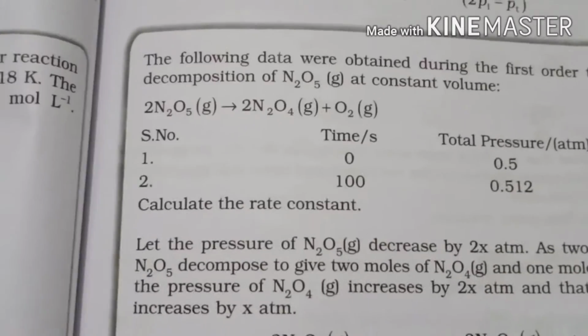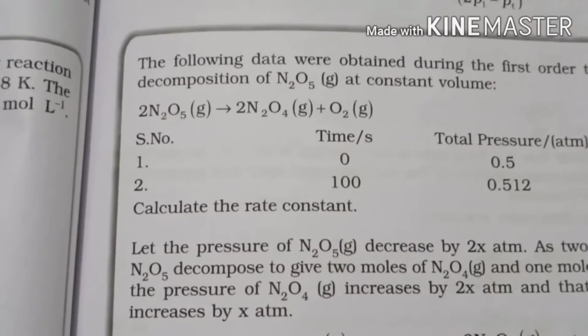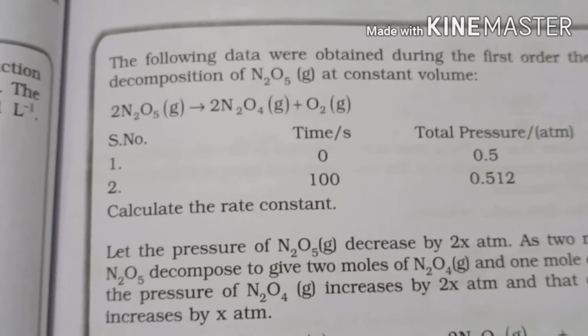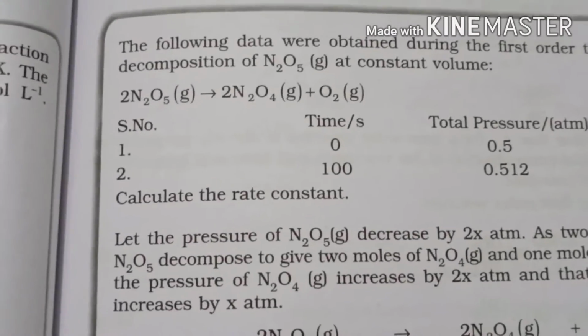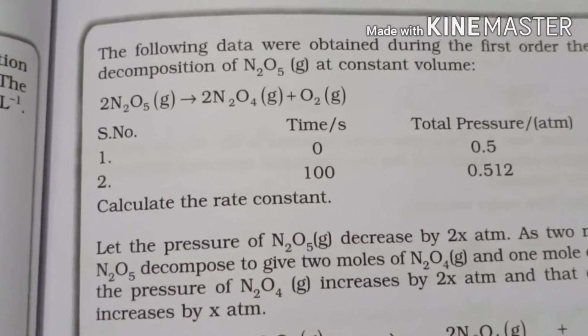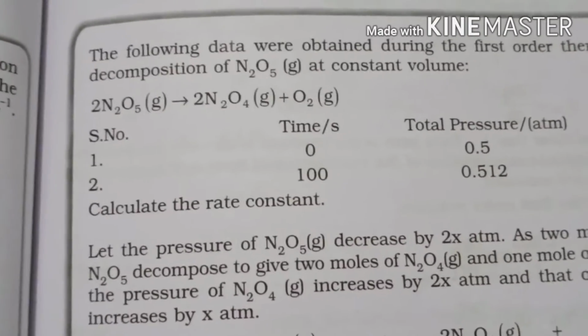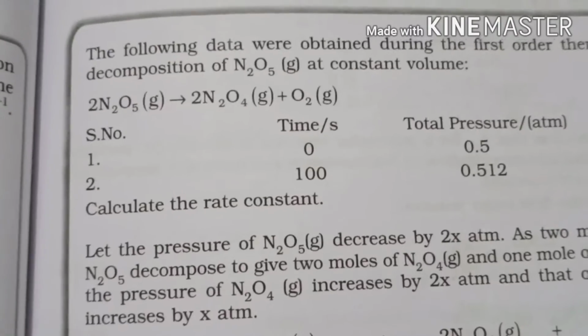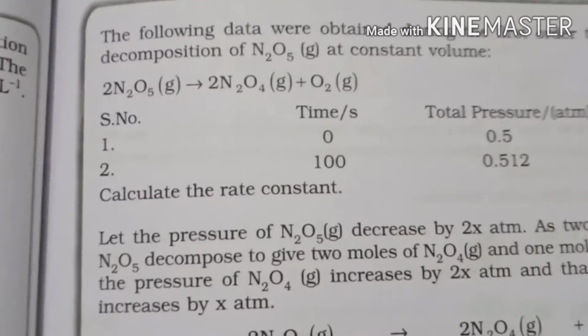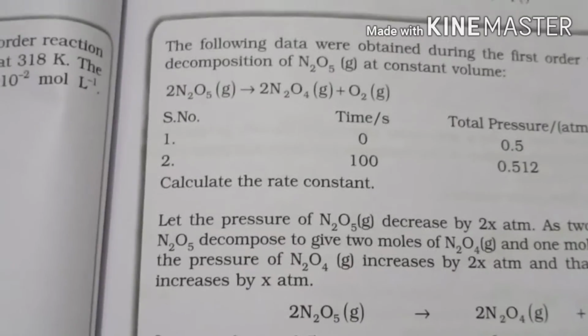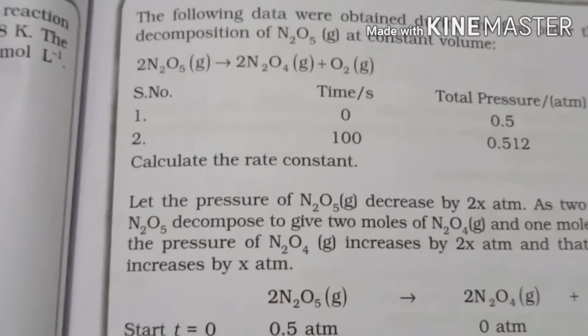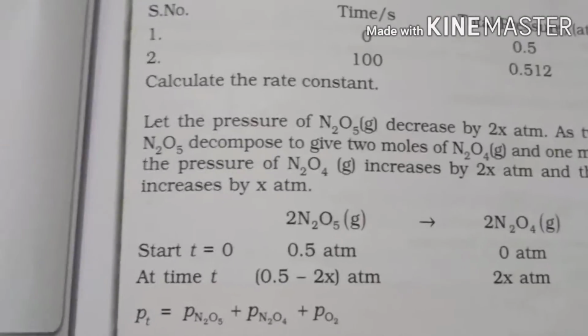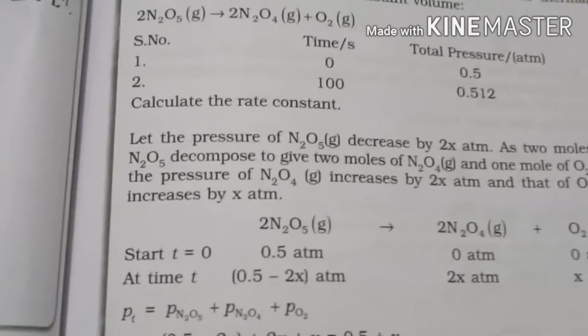Then in the given question, you are given time T equal to 0, total pressure is 0.5. In the second case, T goes to 100 seconds, then the total pressure comes to 0.512. Now we need to calculate K. So this is a gaseous reaction, and as we know, we need to apply the previous equations. So let us see it. It's a calculation.